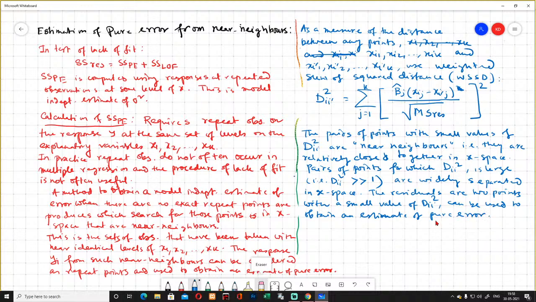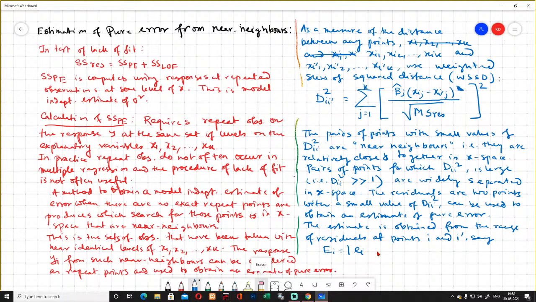The estimate is obtained from the range of residuals at points i and i dash, say Ei equal to the absolute difference between ei minus ei dash.